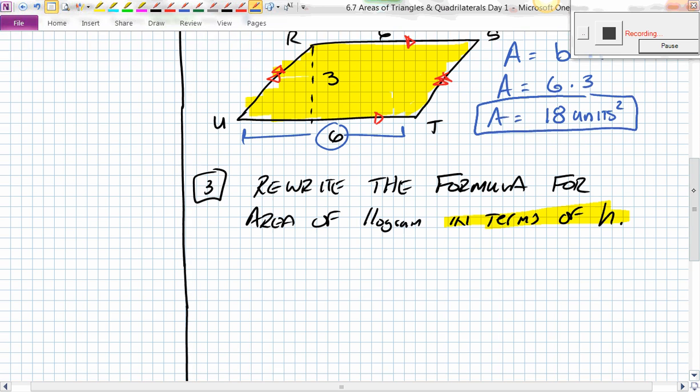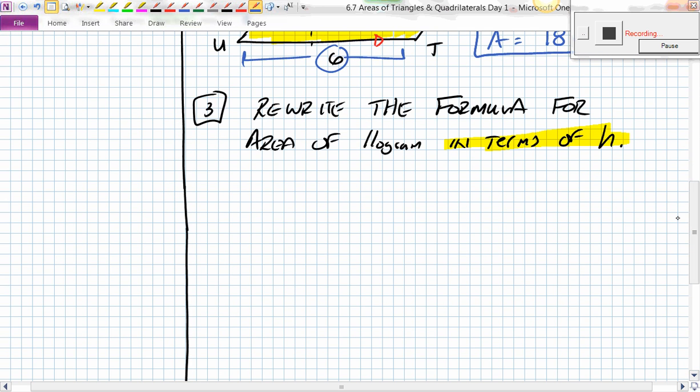Okay, here we go. Last example for the day. I'm asking you to rewrite the formula for the area of a parallelogram in terms of H. What do you think? Yeah, let's just put the area formula down, right? And what is the formula for area of a parallelogram? Area equals the base times the height.